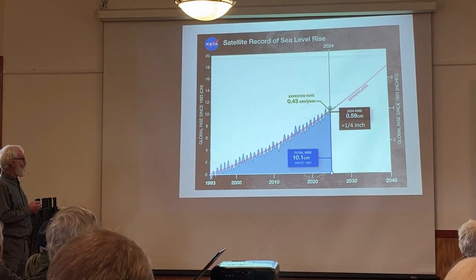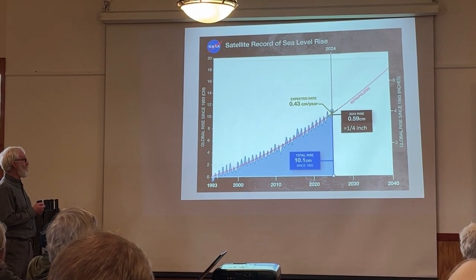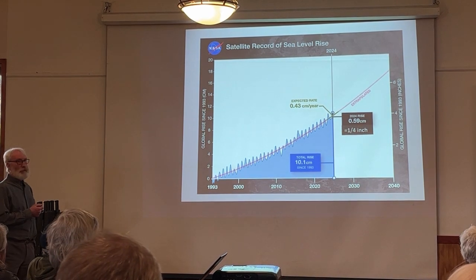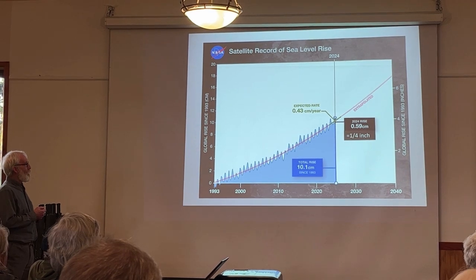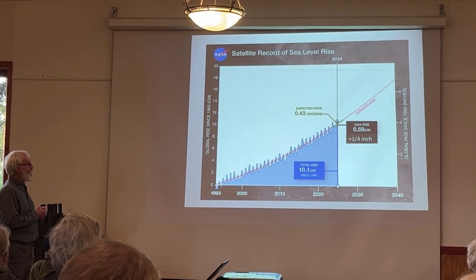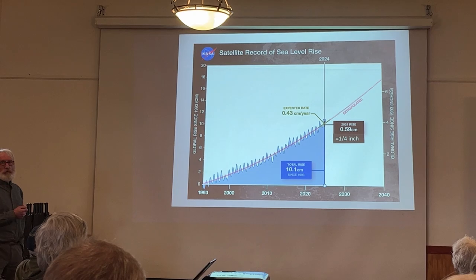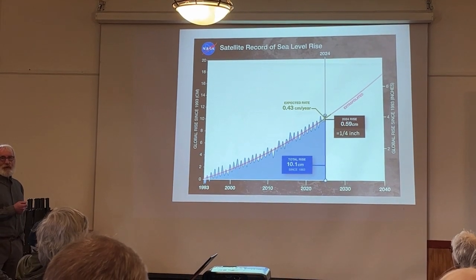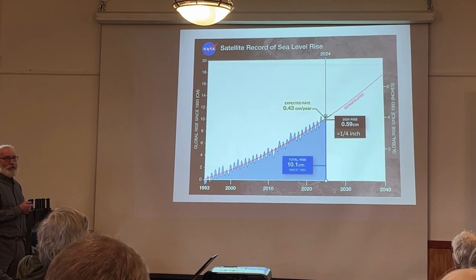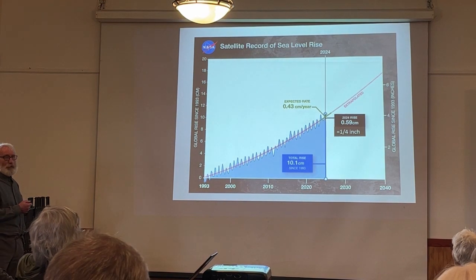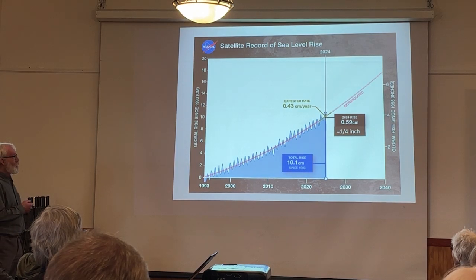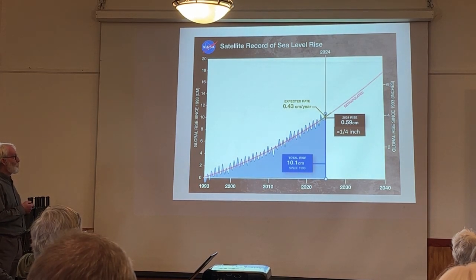This is just the last 30 or so years of ocean surface elevation rise. And just in 2024, it went up a quarter inch. That doesn't sound like a lot, but in 4 years, it goes up a whole inch. Okay? In 40 years, it goes up 10 inches. So, it's a thing.